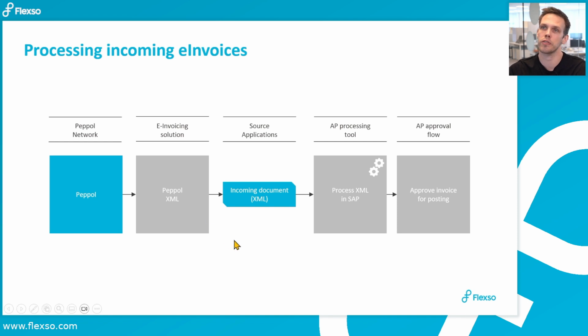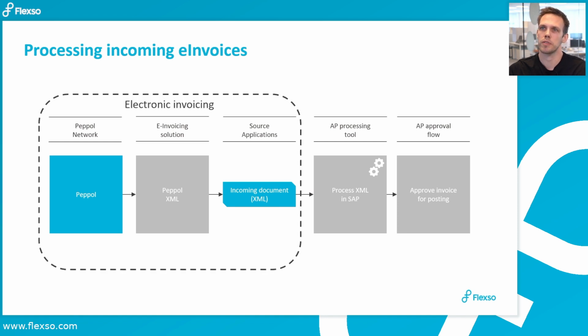So then the last two columns come into play, which are the AP processing tool to convert this XML into a readable SAP invoice, which then can go through the approval flow of that solution. As you can see here.